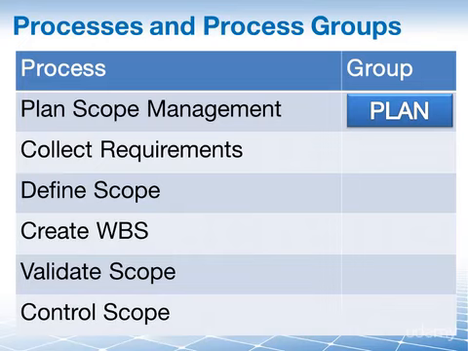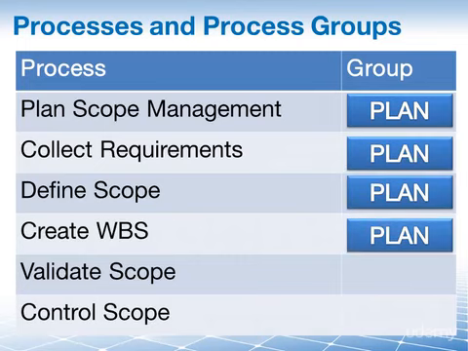Then it gets interesting because collect requirements, define scope, and create WBS are all in the same process group. But think about it. You've done initiating because you've just planned it, but you're not really executing anything here yet. So collect requirements, define scope, and create WBS are also planning processes.